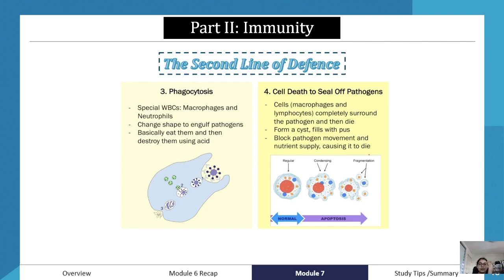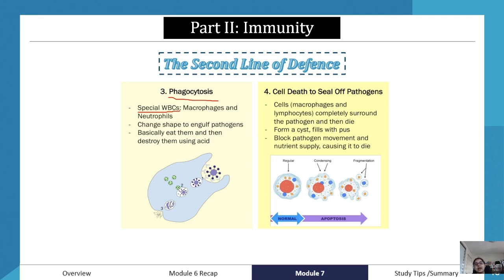Okay, we then have the third part of the second line of defense, which firstly is phagocytosis. This is definitely a term you want to remember. Phagocytosis involves special white blood cells, including macrophages and neutrophils. These specific white blood cells change their shape to engulf a pathogen.